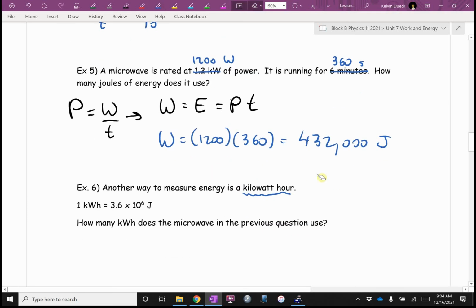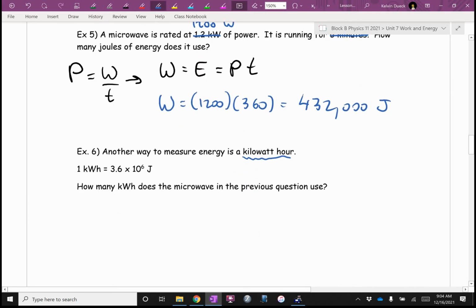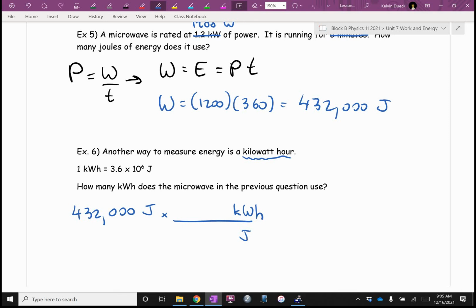So how many kilowatt hours does this thing use? Well, let's write down what they gave me. Keegan, I want joules to cancel. Where's it going to go in my conversion fraction? Yep. And this new unit, kilowatt hours, lowercase k, capital W, lowercase h. And what's the conversion factor?